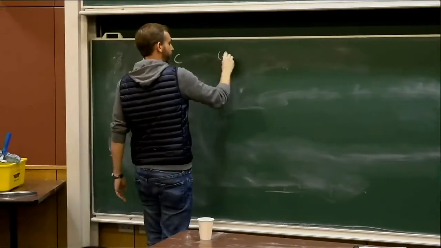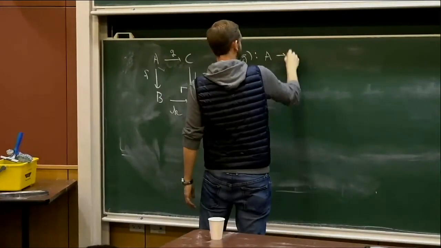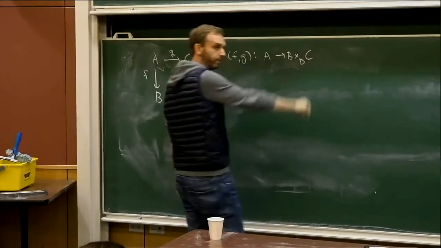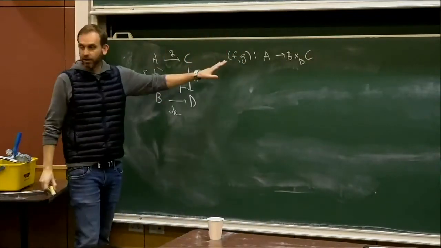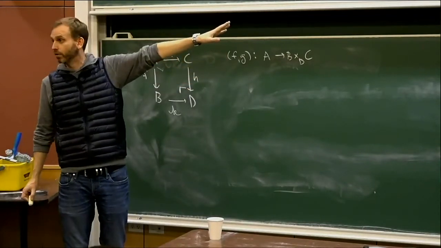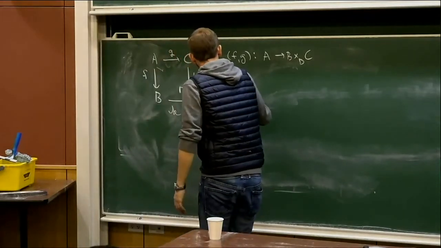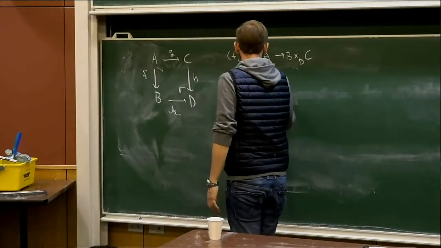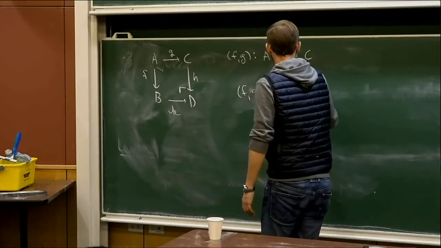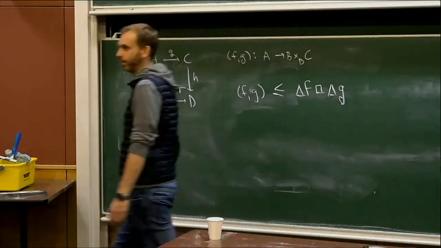This map is the map from A to B cross over C. I'm going to estimate this map with one of these inequalities. So the Blakers-Massey theorem can be asserted as saying that for any push-out square, this map is less than or equal to this map.